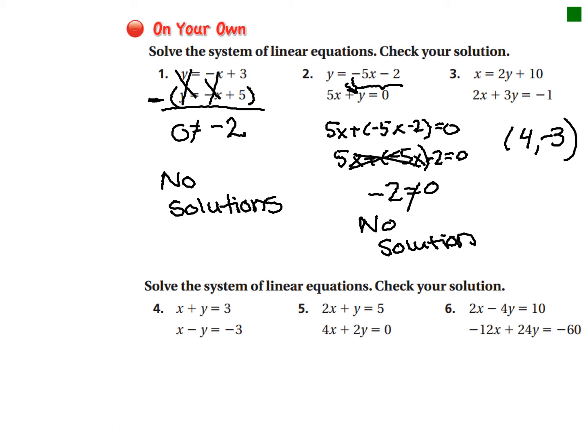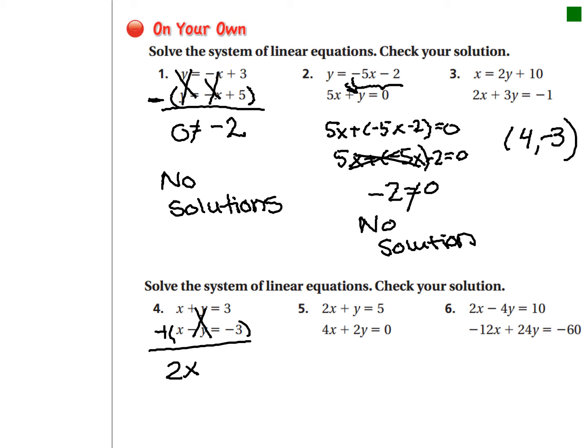All right, I have x's and y's that I could easily eliminate. Oh, interesting. I think it's interesting because these are 1x, these are 1 and negative 1y, and this is positive 3 and negative 3. Let's see what happens. I'm going to add them. X plus x is 2x, y plus negative y is 0.